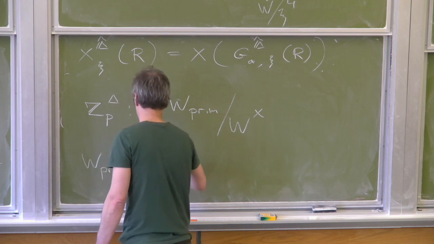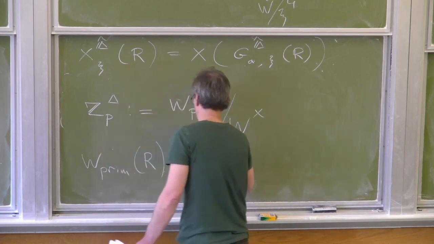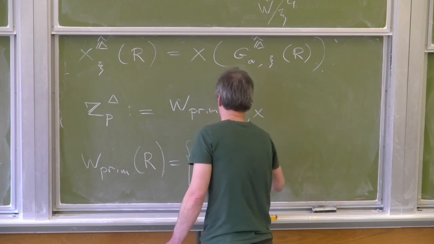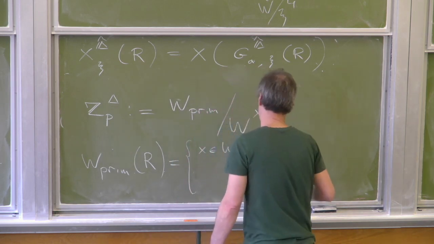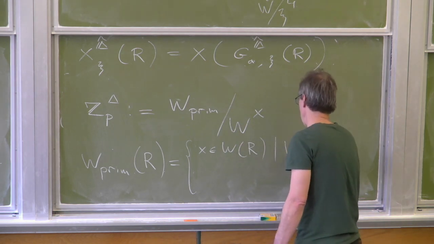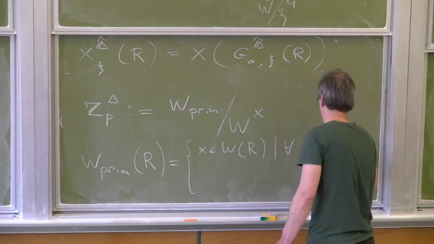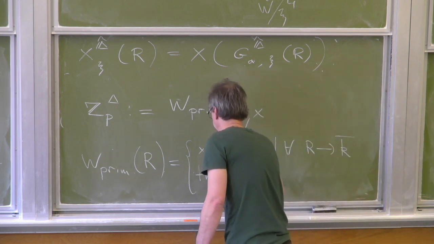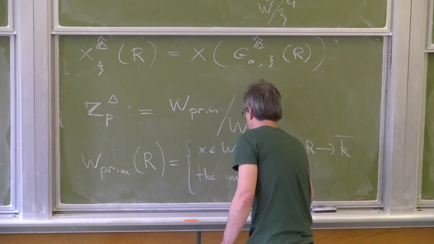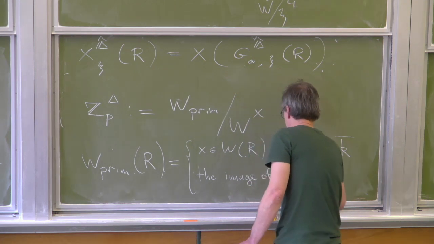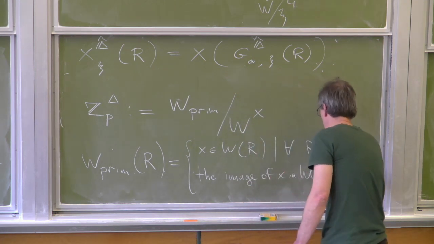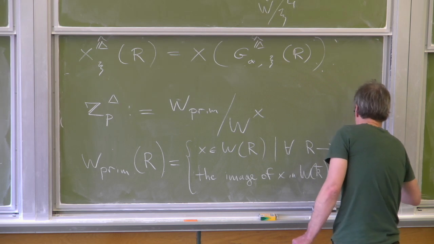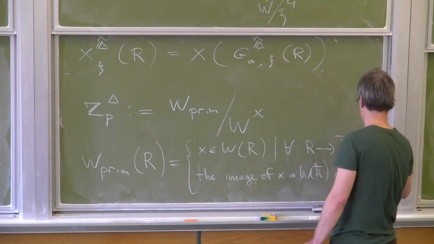You can consider all bit vectors in W of R, such that for any homomorphism from R to an algebraically closed field A, the image of X in W of A is P times something.